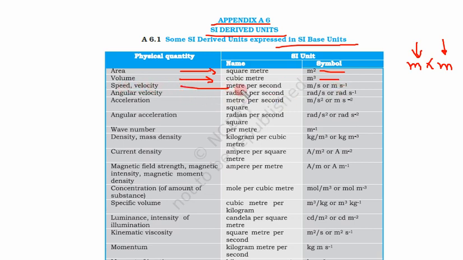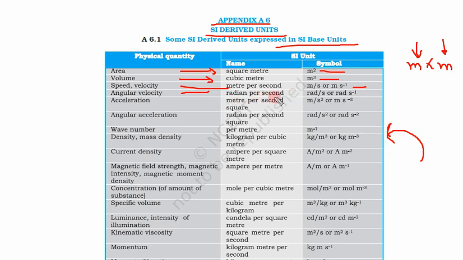Speed or velocity is meter per second, or ms to the power -1, so this is also a derived unit. Angular velocity is radian per second, not meter per second. How much angle is shifted in 1 second is called angular velocity, and angle can be measured in radian as well.